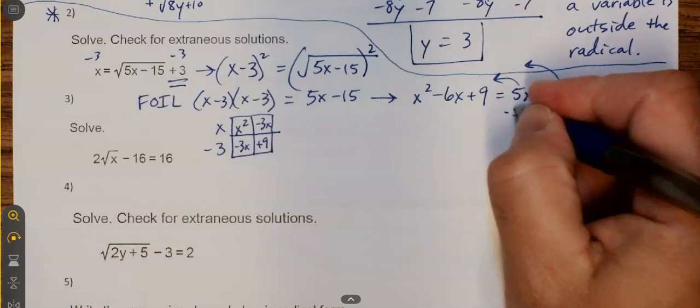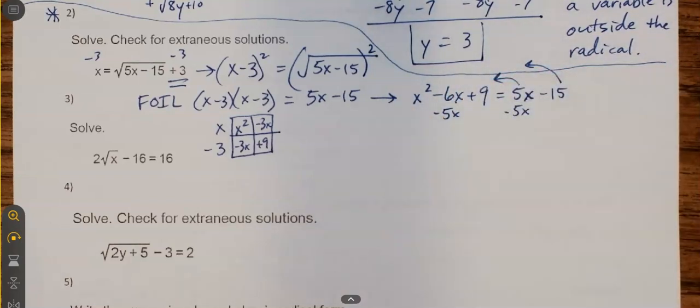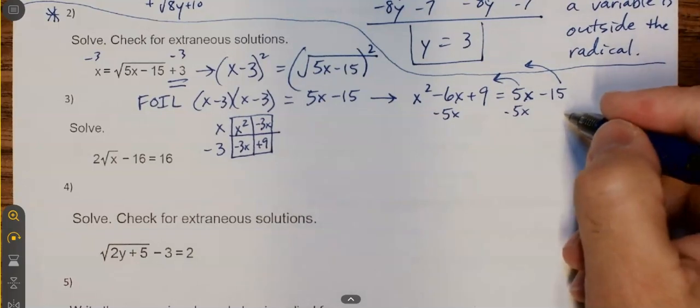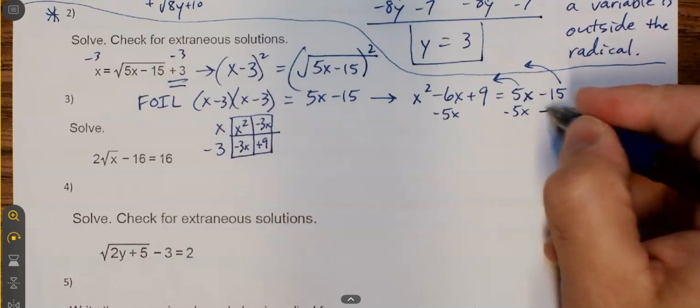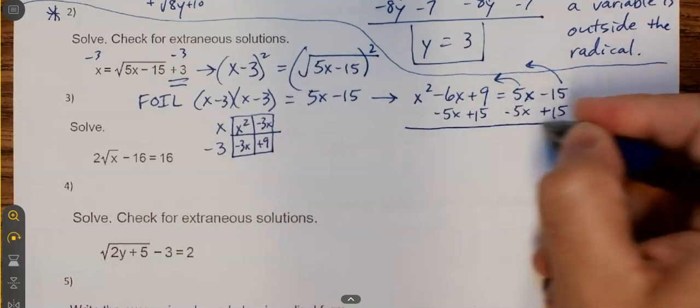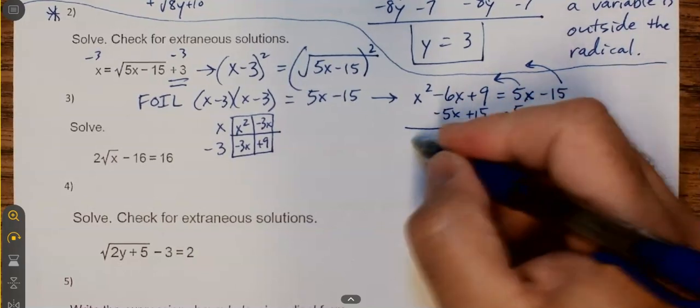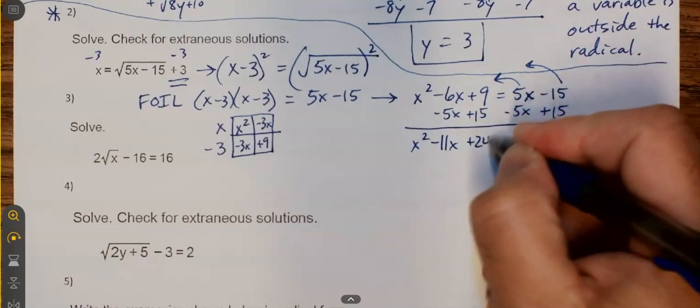Excellent choice. What do you got for getting that 15 to move? Add 15, is that true? Yeah, that is true. So now I have x squared minus 11x plus 24 equals 0.